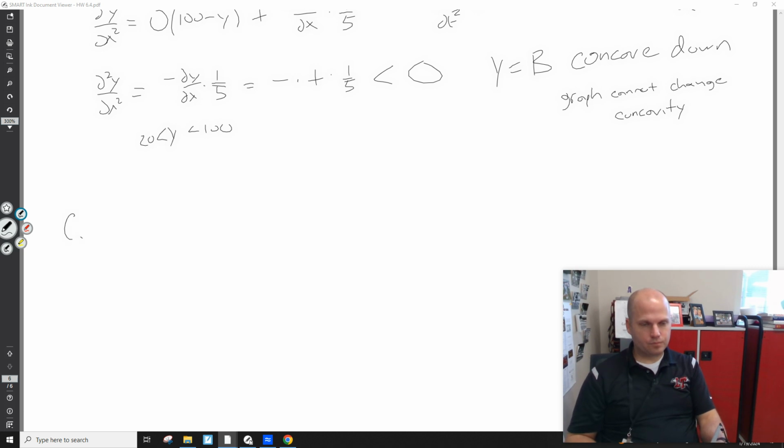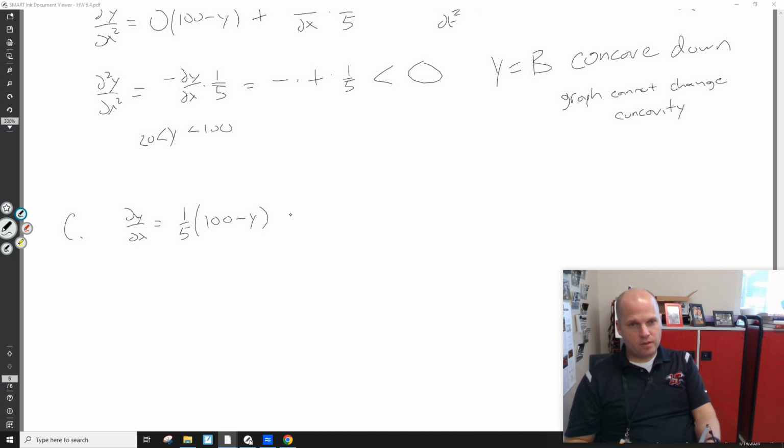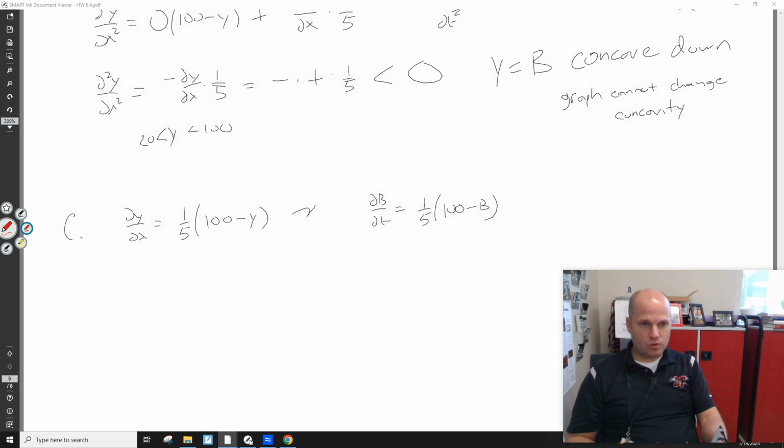Part C. If you change it to y's and x's, maybe you're better off than if you kept it b's and t's. If you see this, don't distribute, keep the parentheses, move the y's or move the b's, move the x's or move the t's. It's the same thing here. 1 over 100 minus y dy, or dy over 100 minus y, equals, leave the 1/5.